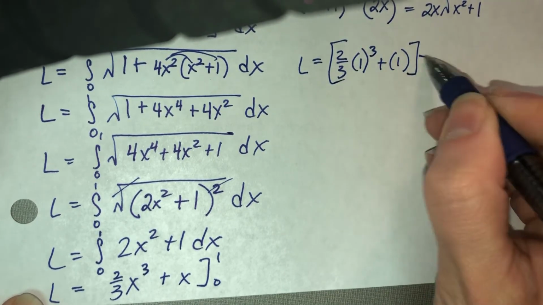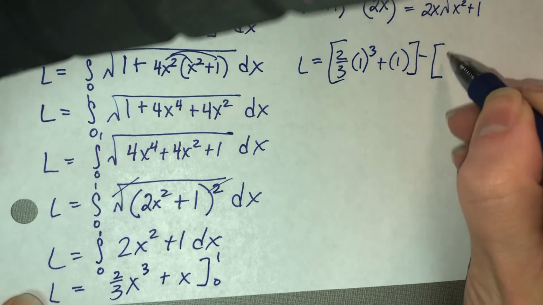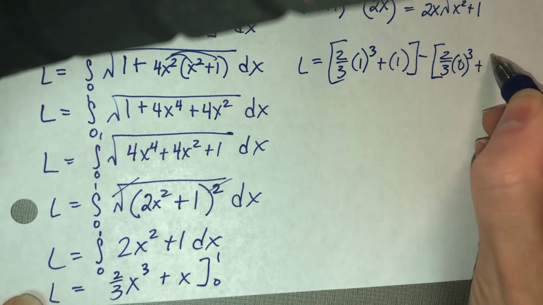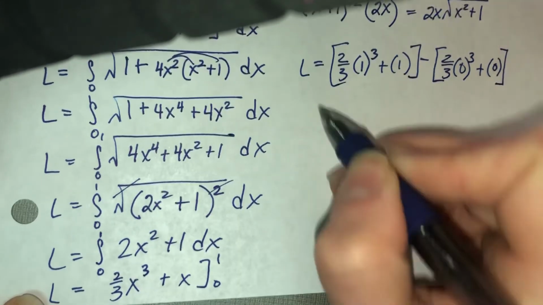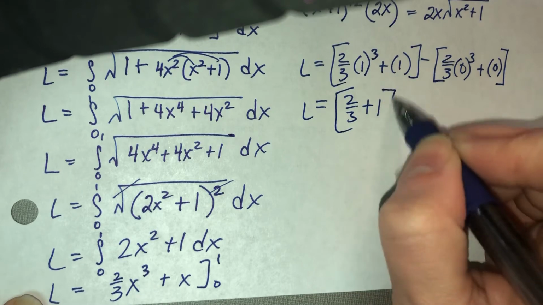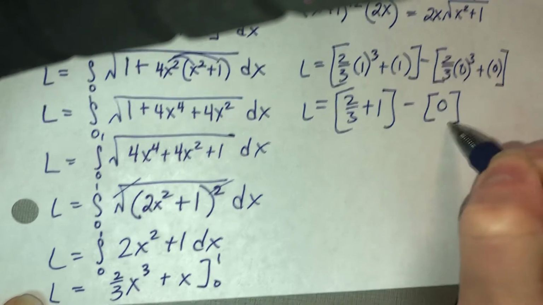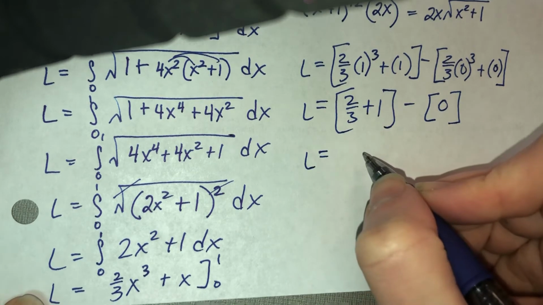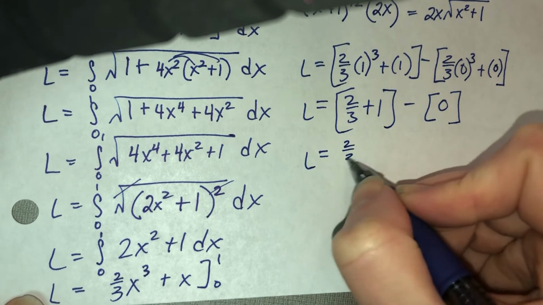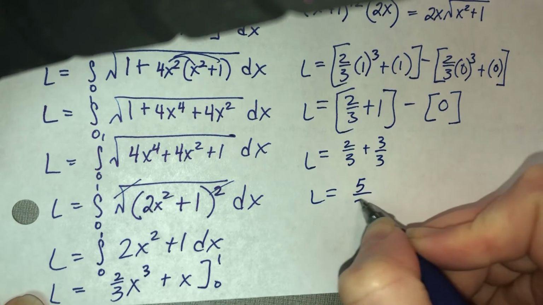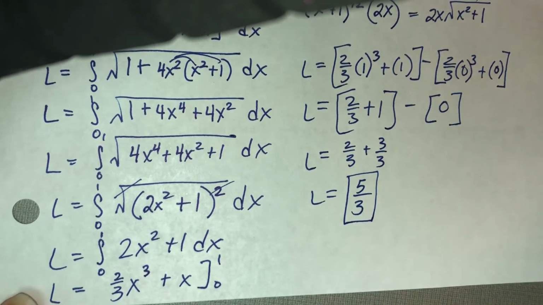And then subtract what I get when I sub in my lower limit of integration 0 to both x values. And now I've got 2/3 plus 1 minus 0. So I believe that would be the same thing as 1 and 2/3, or you could say 2/3 plus 3/3 and call that 5/3, which is what I told you the answer was. So that's how you get it.